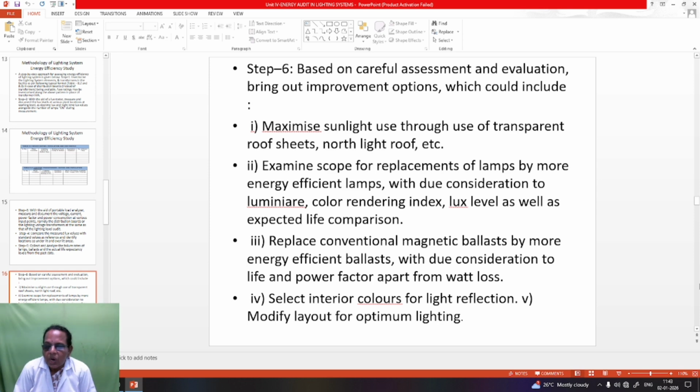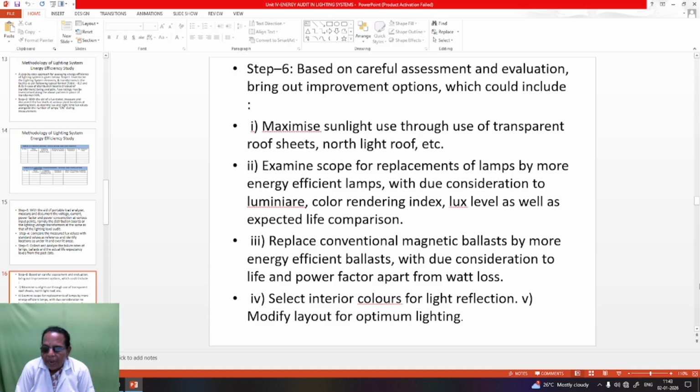Step 6: based on the above assessment and evaluation, bring out improvement options, which should include maximizing sunlight use through transparent roof sheets, north light roofs, etc. Examine the scope for replacement of lamps by more energy efficient lamps, with due consideration to luminance, color rendering index, lux level as well as expected life comparison.